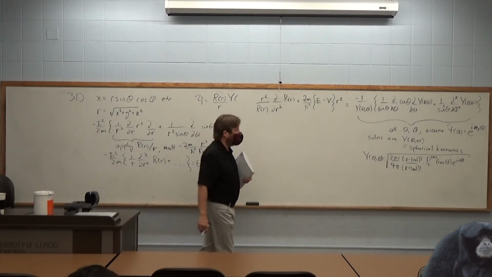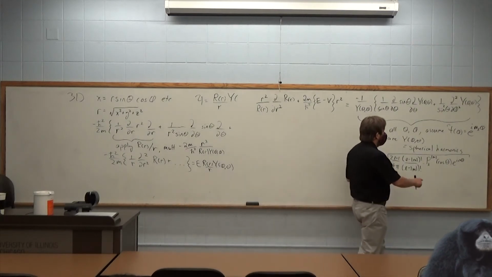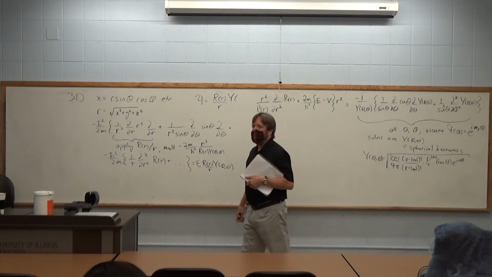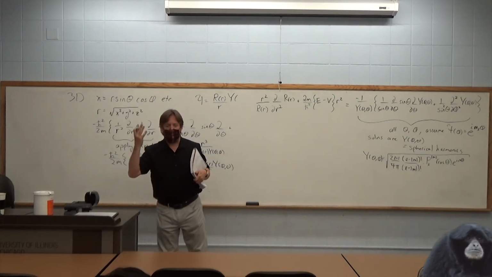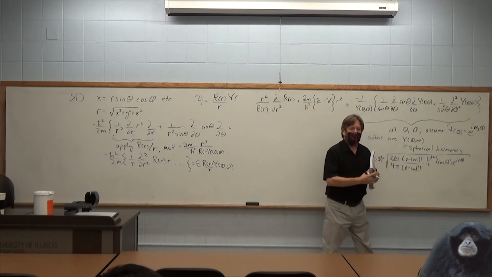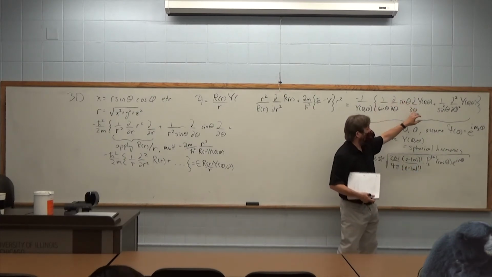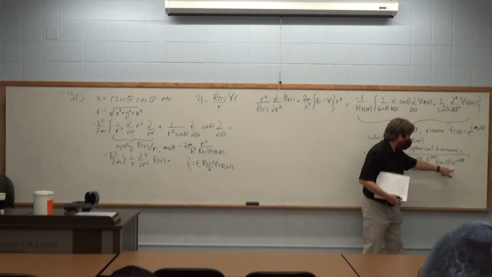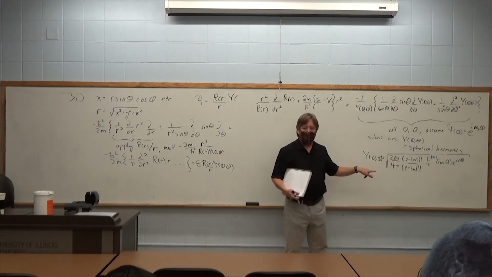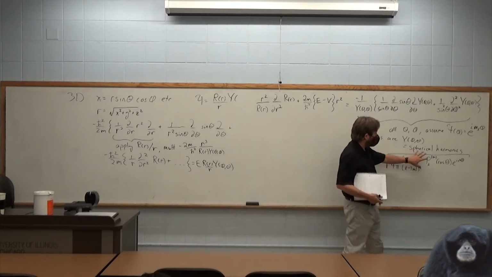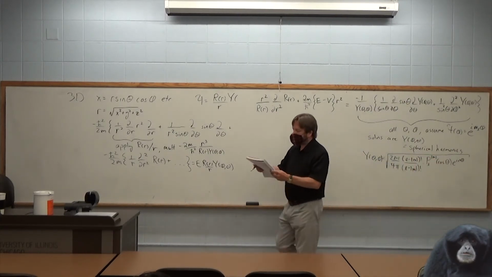For l of 2, it's 3 cos squared minus 1 over 2. I've seen enough of them that I've kind of memorized them. Anyway, just look it up. Again, solved in the 17th century. The theta part is a little bit, but whatever. You just look it up.